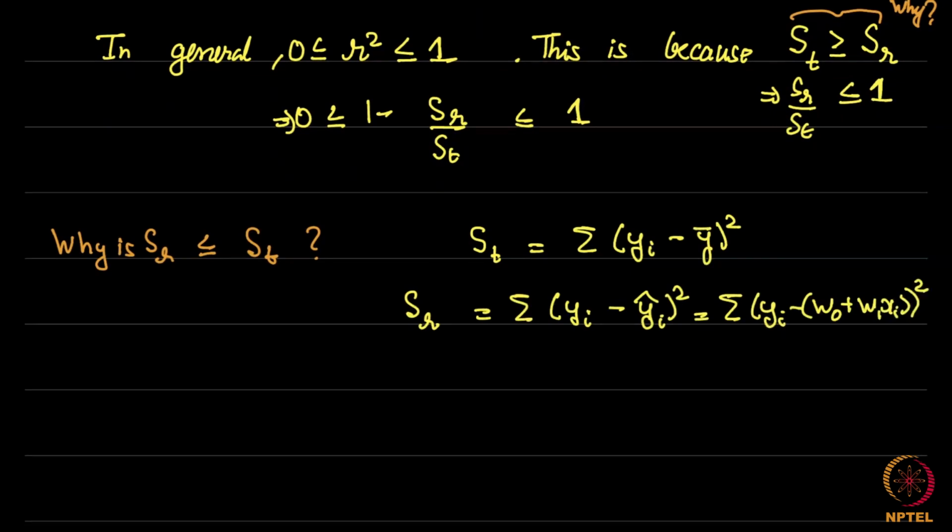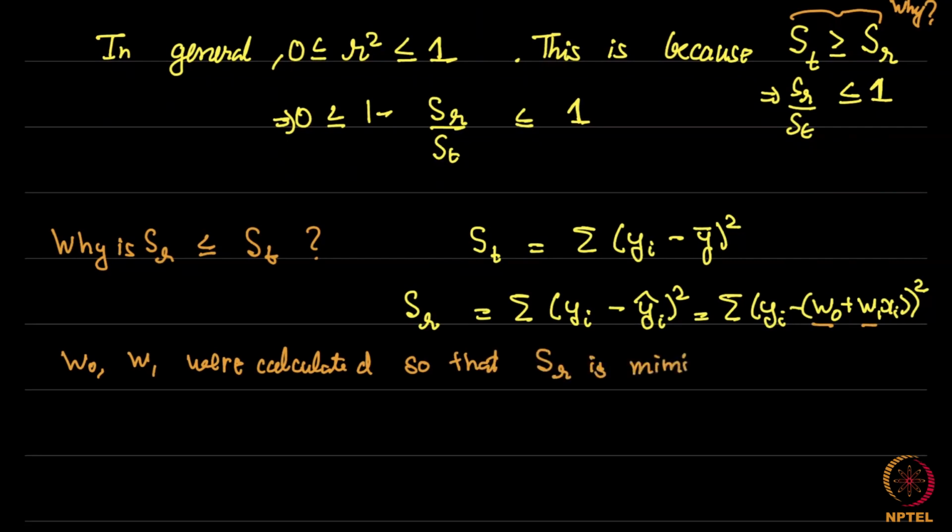Now the coefficients for the best fit, these coefficients w0 and w1, were calculated so that SR is minimized. So remember, we were trying to get the best fit line.